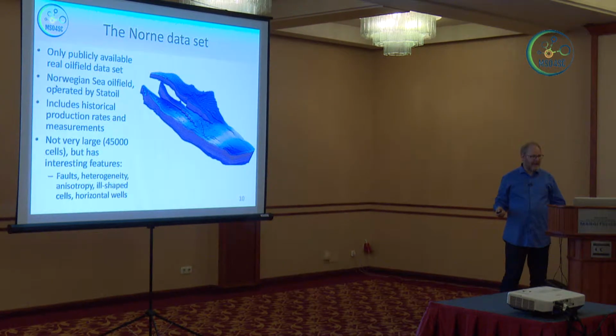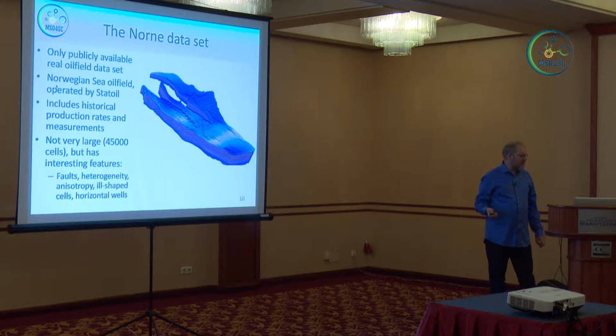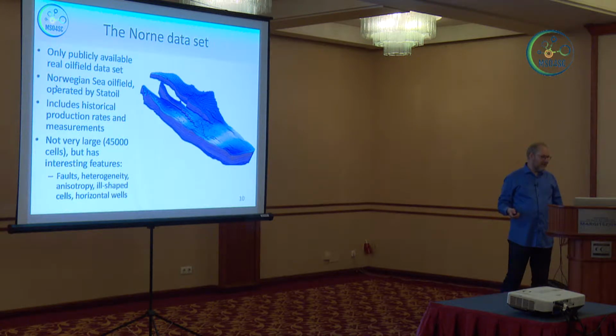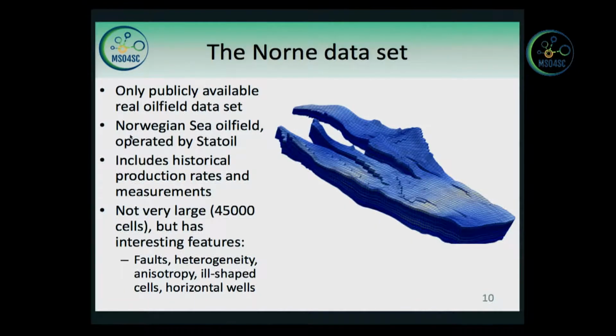It's got a fairly high level of heterogeneity, and the properties are far from uniform. It's anisotropic. It has lots of ill-shaped cells, so if you're expecting cells to have nice shapes, this has some horrible cell shapes.